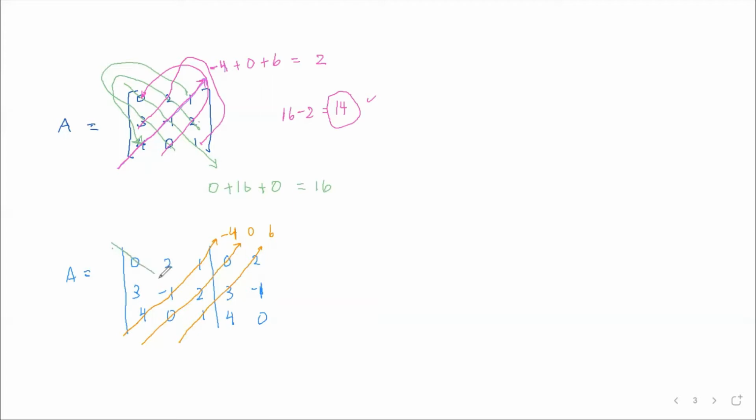So 0 times -1 times 1 becomes 0. And this diagonal line, 2 times 2 times 4 becomes 16. So plus 16. And next, 1 times 3 times 0, sorry, 0. So it becomes 0. So summing it up, this becomes 16.